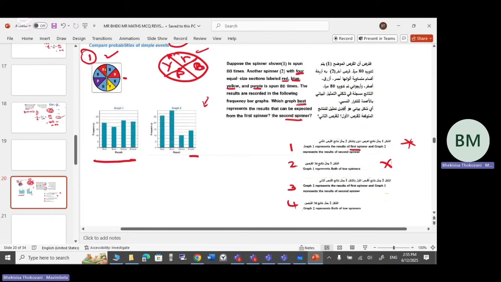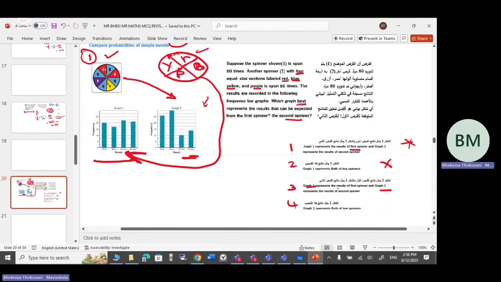Now let's look at statement number 3. Now they are saying to us, graph 2, which is this one here, represents the results of the first spinner. All right. Graph number 2 represents the graph of the first spinner, and graph number 1 represents the second spinner, which is this one here.